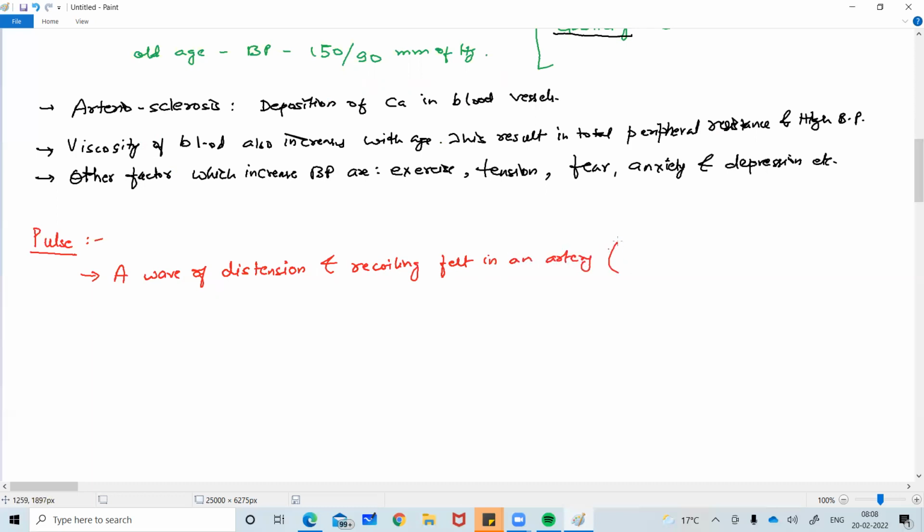Especially they take the radial artery. Why is this? Due to contraction of the ventricle, which forces 70 ml, and this is the stroke volume.